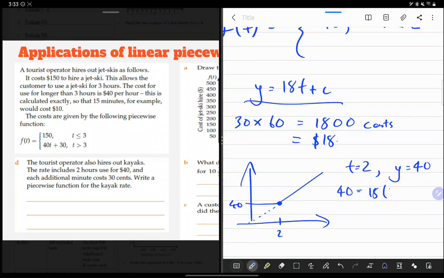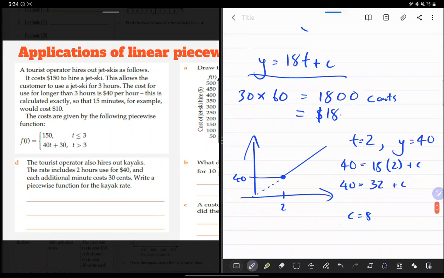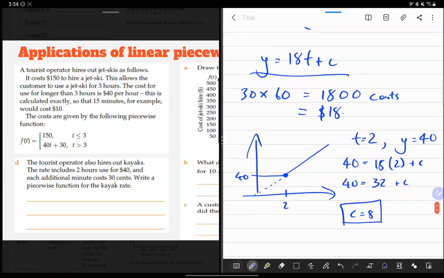It's 18 times 2 plus c, because we need to find out c. That's the point of this. So 40 equals 32 plus c, minus 32 from it. So 8 equals c, or better yet, c equals 8. At this point, I'd flip it. So the whole equation should be, we found m because that's how much we're paying per hour.